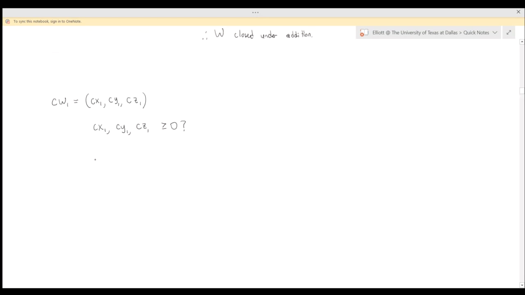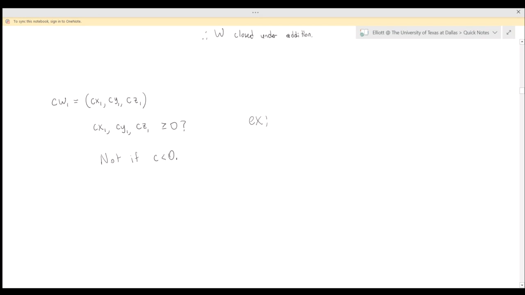But yeah, the answer is no, not necessarily. If c is negative, then these conditions would not necessarily be satisfied.